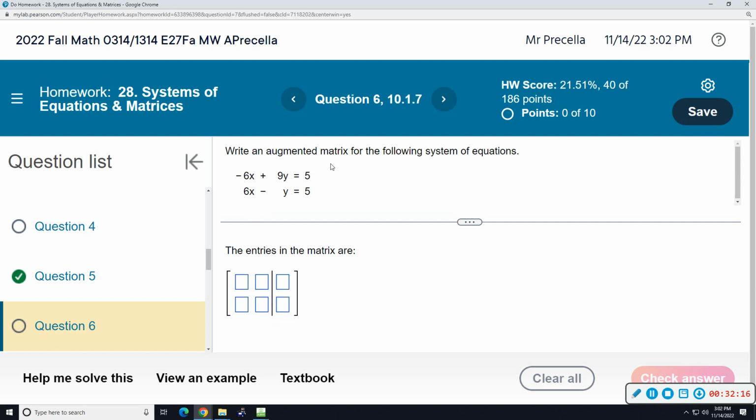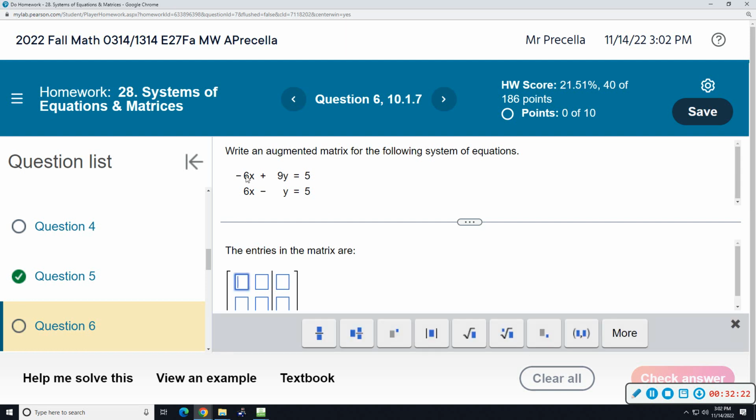You take the system of equations and you just write in or type in the coefficients. Like this first equation, to write the augmented matrix, you type in -6, then a 9, just 9. The vertical line that's there is acting like the equal sign.